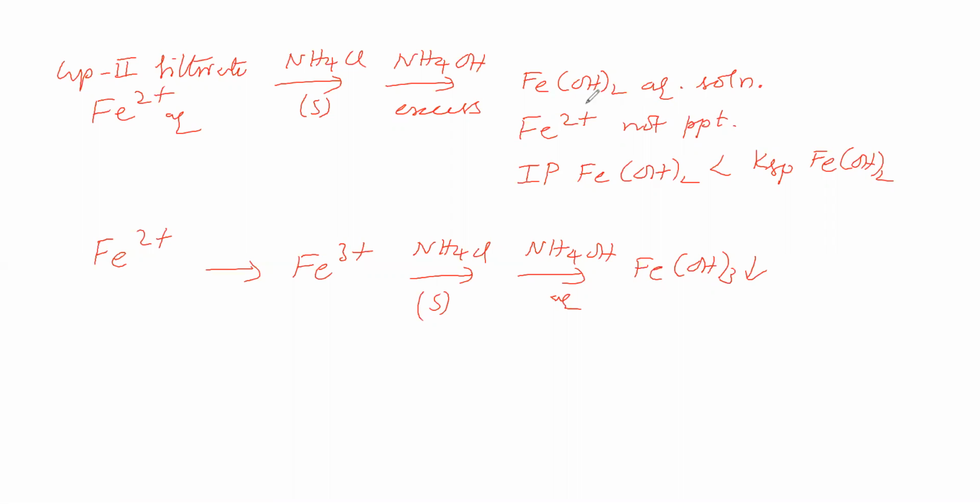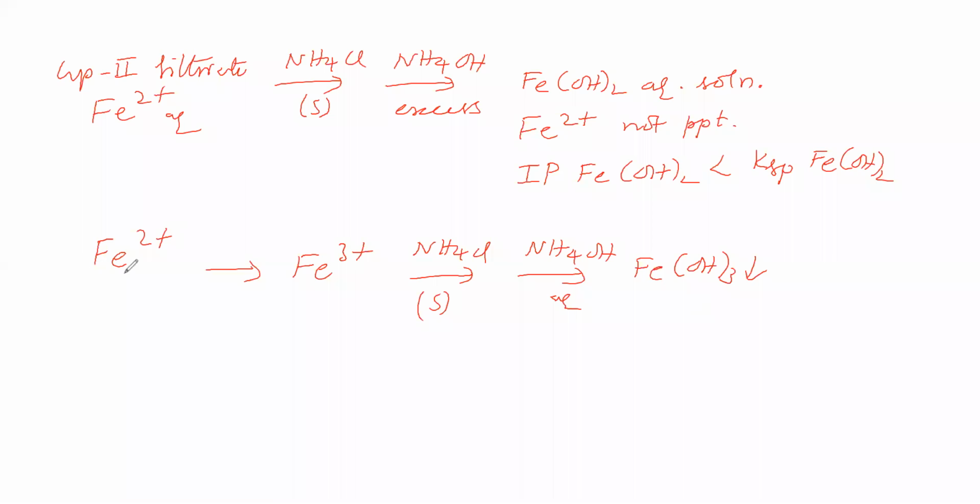It is in aqueous solution only, because of the ionic product and solubility product. Now we have to make iron fall in group 3, so we are converting ferrous into ferric. Ferric with group 3 reagent becomes ferric hydroxide precipitate.